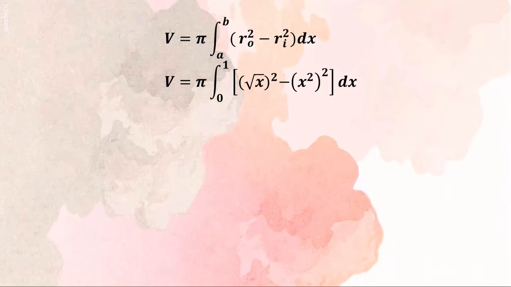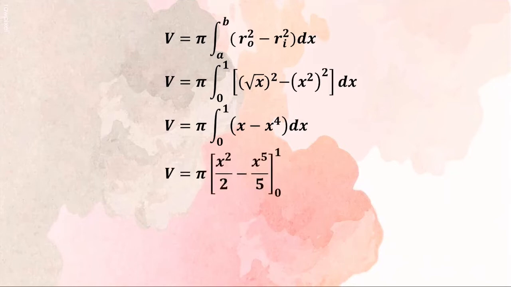And then simplify it. Square root of x squared equals x, and x squared raised to the power of 2 equals x raised to the power of 4. Next is to find the antiderivative of x and x raised to the power of 4. So we have here x squared over 2 and x raised to the power of 5 over 5.